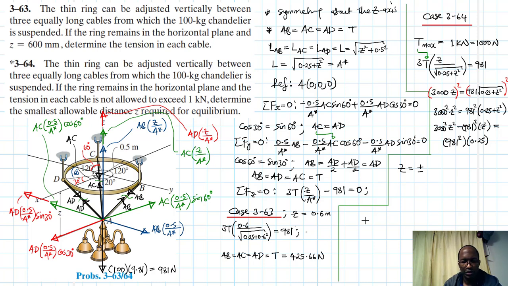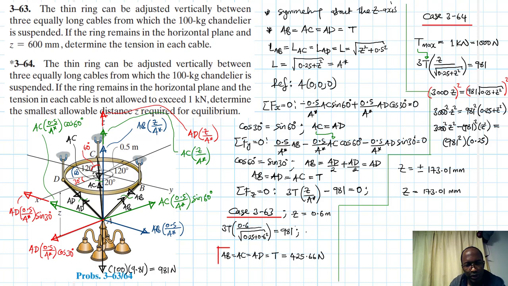Then we multiply it by 1,000 to convert it to millimeters. So we have 173.01 millimeters. Of course, our Z is positive, therefore Z is just going to be equal to 173.01 millimeters. I think we are done.